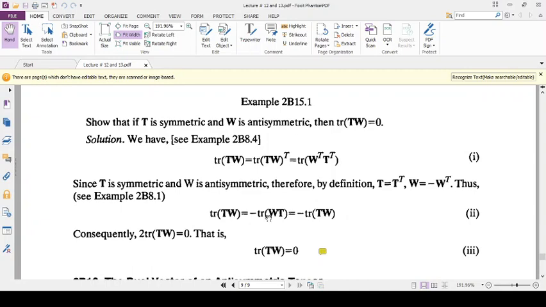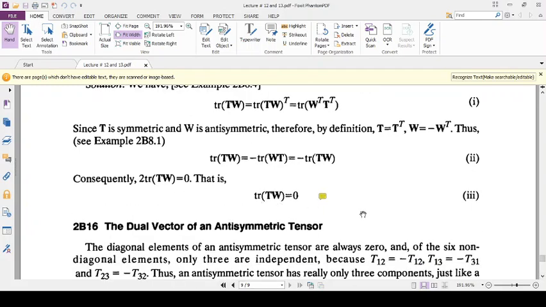Here we have used one fact, which you have to write by yourself; I'm not going to tell you here. So the trace of TW equals 0.